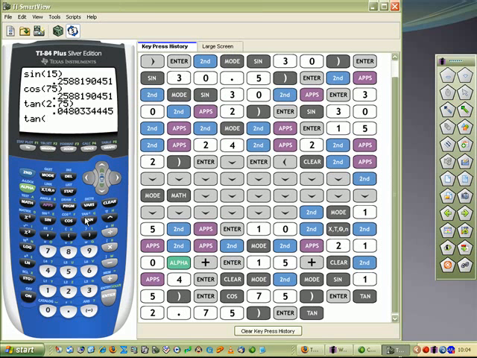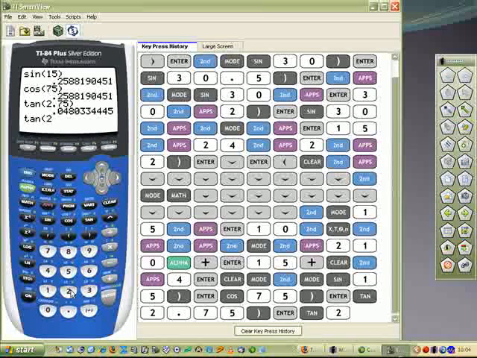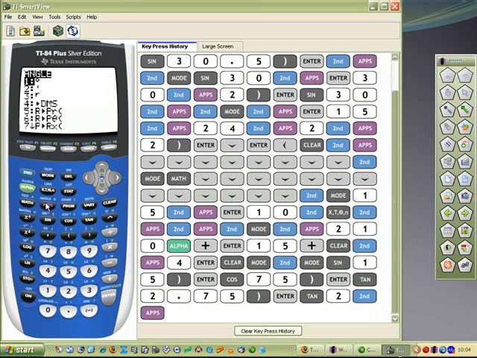Now, what did I say? 2 degrees. So let's type. Okay, so here's 2. I just type in a 2. Now, let's watch what I do. I need to get these symbols for degrees, minutes, and seconds. So I type in the 2, and then I come up here and do a second function. Right over here at apps, there's a thing called angle. I'm going to do second angle.